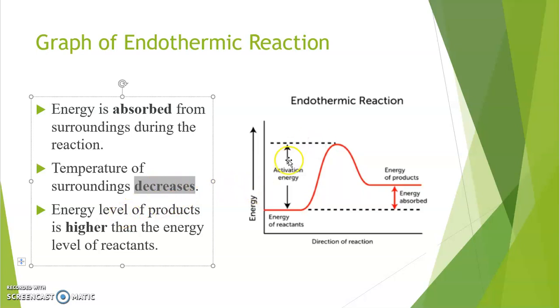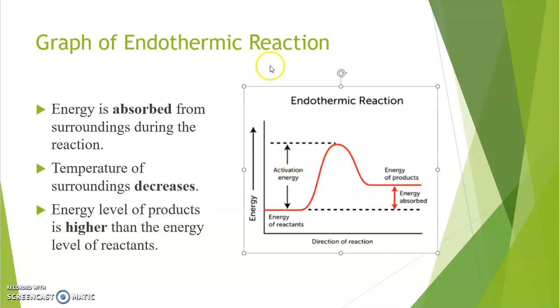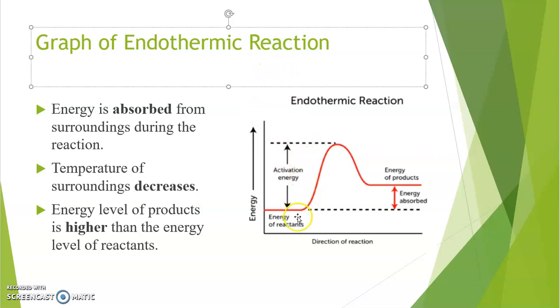Now let's check the graph. This is the important part here. This is the energy of the reactants. Now you see a high activation energy barrier that needs to be overcome. The reaction cannot start until enough energy is provided, equivalent to the activation energy.